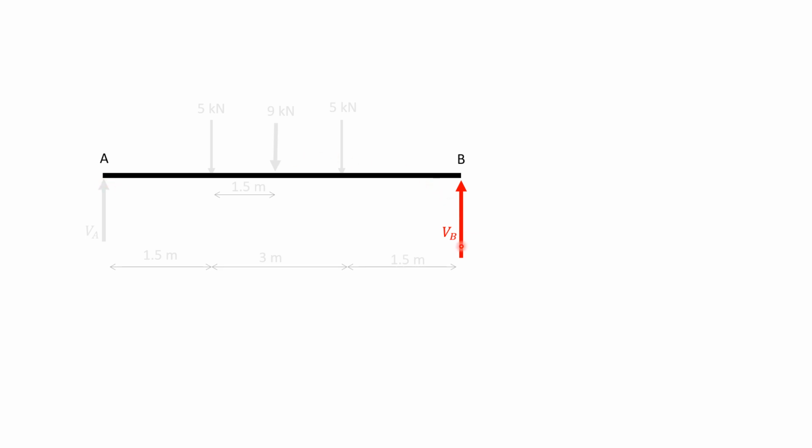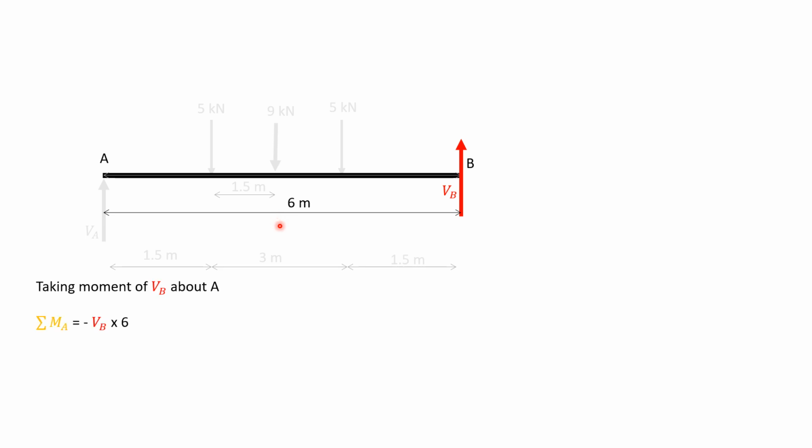And this VB force will have a line of action like this, and it will have a perpendicular distance about point A of 1.5, 3, 1.5, that is 6 meters from point A, and it will have a magnitude of minus VB into 6, because it is rotating about point A anticlockwise. So VB into 6.